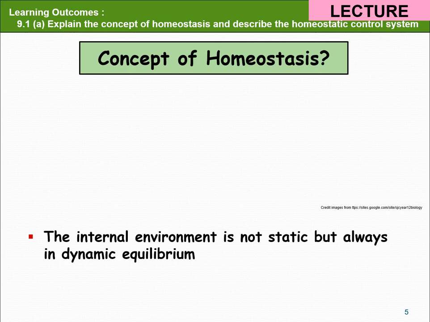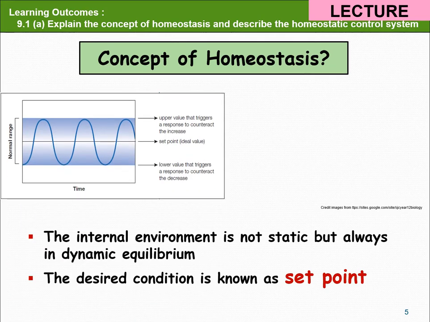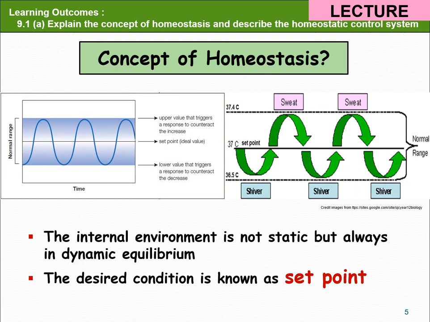So, the homeostasis process will cause the body to return to a stable or optimal condition. For example, when our body temperature increases above normal, our body will conduct the homeostasis process by producing sweat, which will cause our body temperature to reduce and return to normal body temperature.